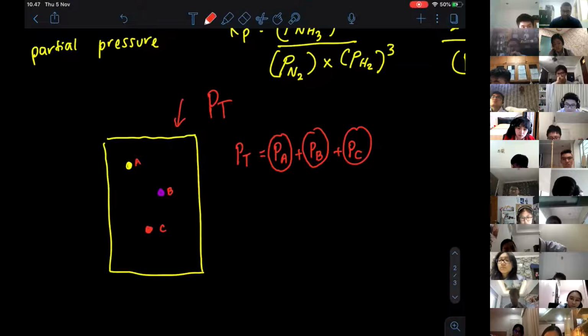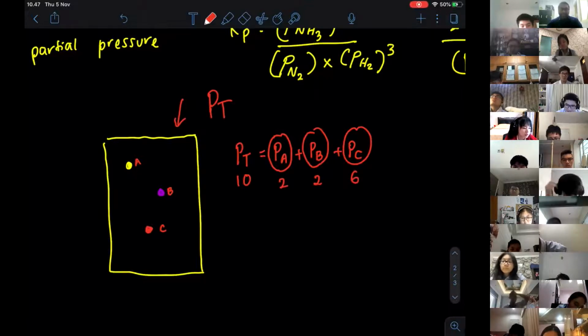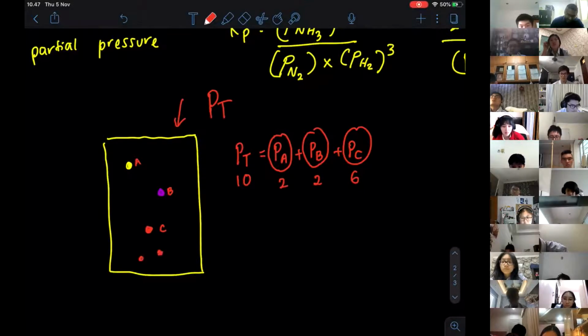Okay, partial pressure. Why partial pressure? Let's say your total pressure is going to be 10. This might be 2, this might be 2, and this might be 6, equals to 10. So from where do I get these numbers? Why suddenly is PA 2? Why is PB 2? Why is PC suddenly 6? Probably there are 2 more C there.